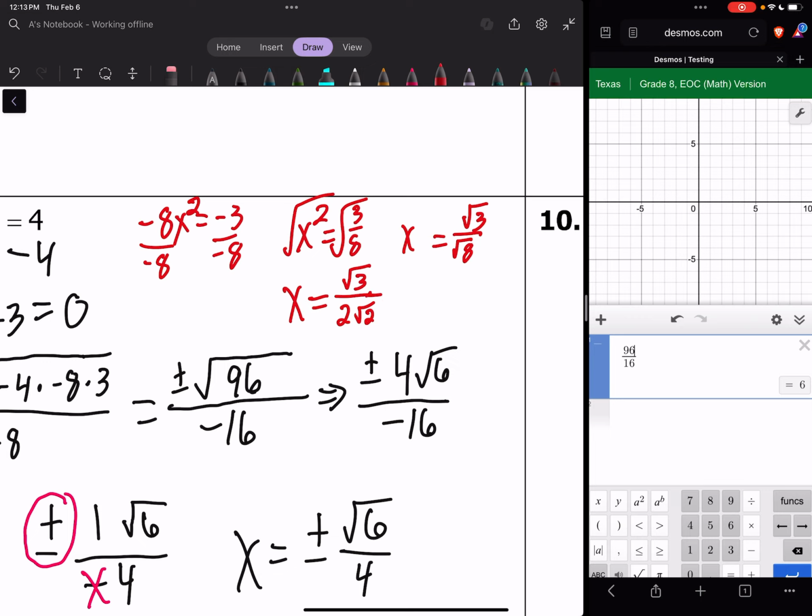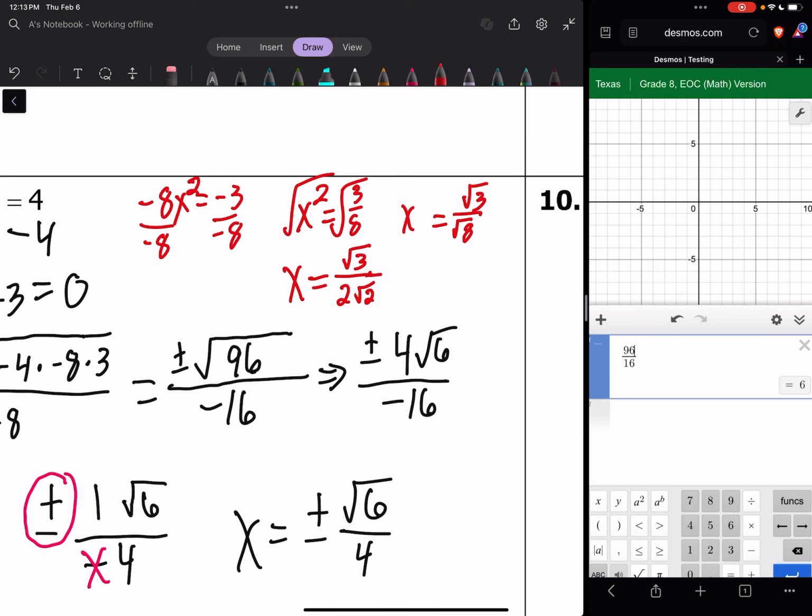I would be happy with this answer. I am going to show you what's the same thing as what we have below, though. To get the radical out of the denominator, I have to multiply by the square root of 2 on top and bottom. This might look tricky, but it's actually simple math.